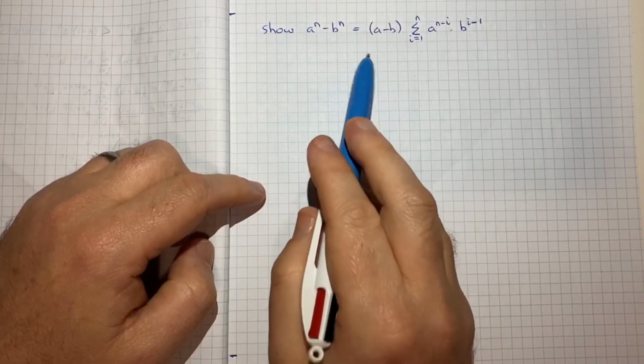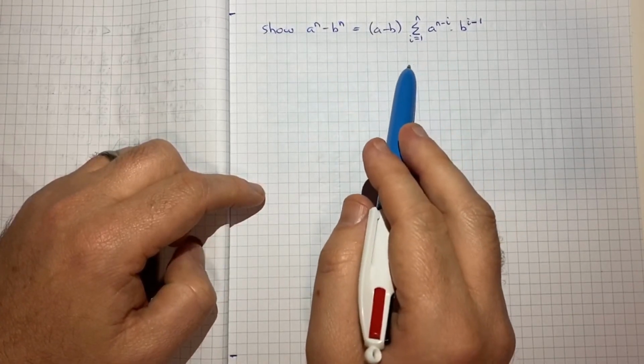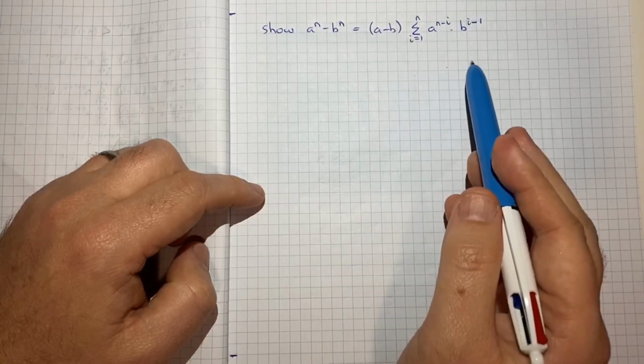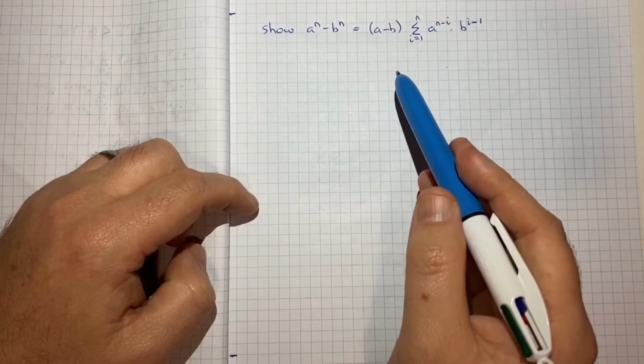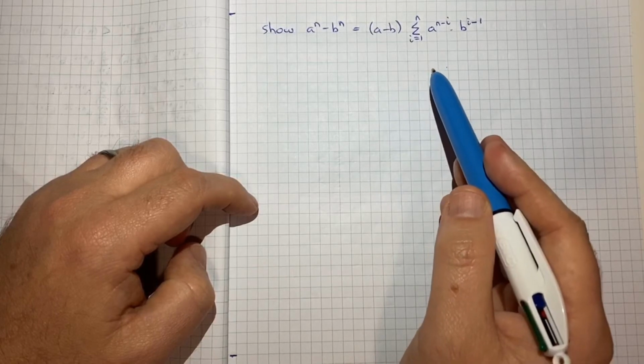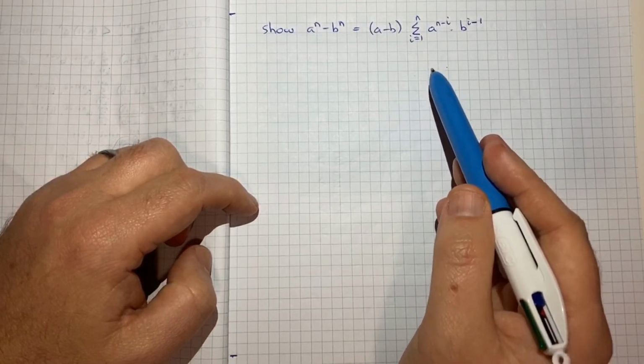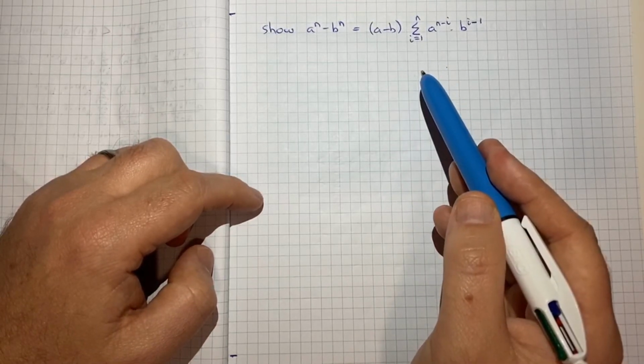Now ultimately, to be able to demonstrate this, you need to be familiar with what's called a geometric progression, or in other words, a series of numbers where the next number in the series is the prior number multiplied by something.